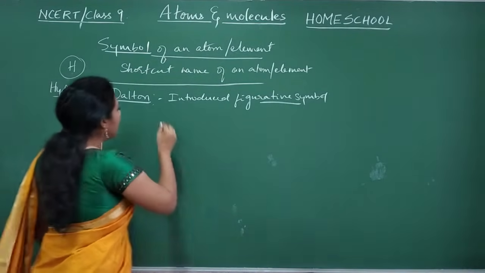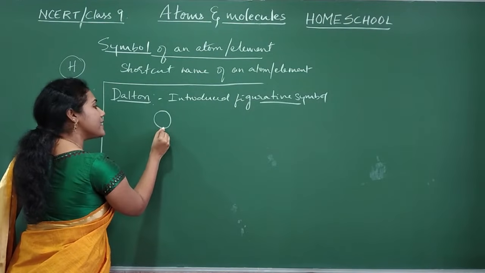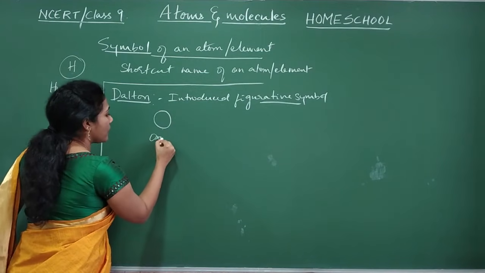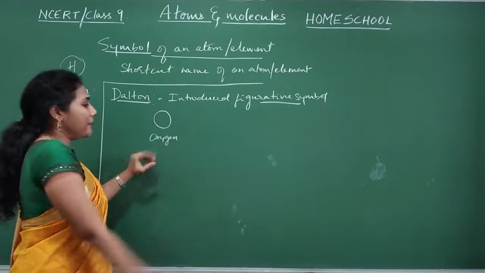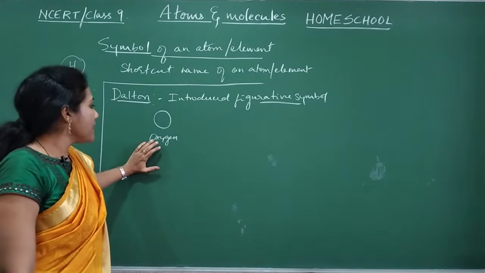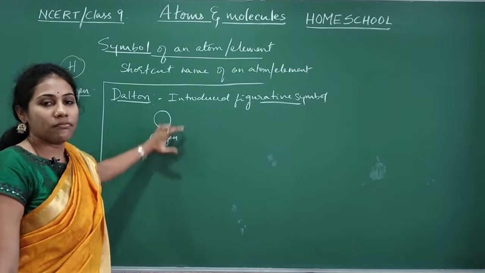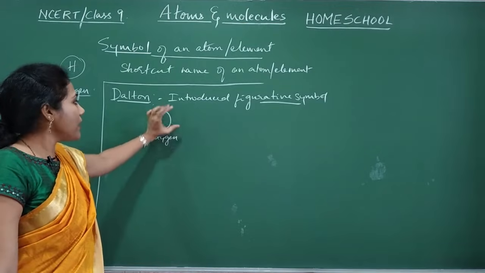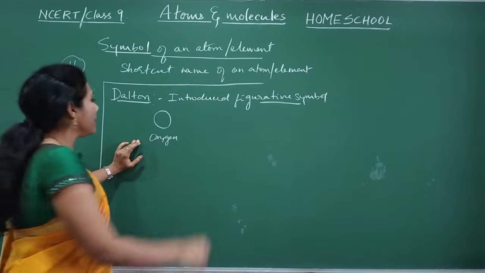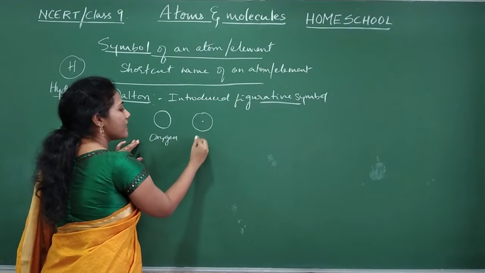Okay, say for example, he put this figure as a symbol for oxygen. There is an element called oxygen. We all know how important this element is. Yes or no? So for oxygen, he gave this symbol: just one round circle, and he said this is the symbol for oxygen. And in a circle he put one dot and said this is the symbol for hydrogen.